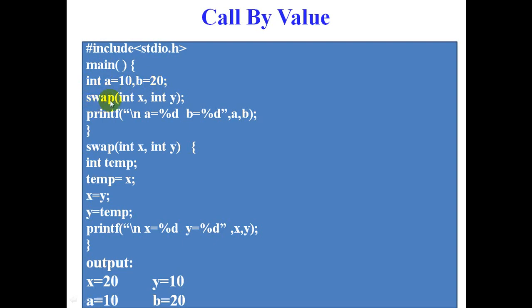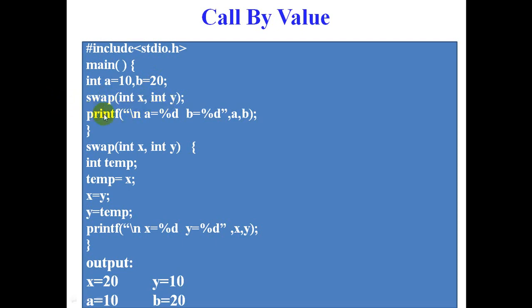Next I have taken one function swap. In swap I have declared two variables, int x and int y, both are integer data type. Here a and b are called actual parameters, x and y are called formal parameters.